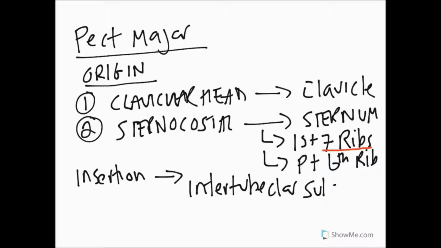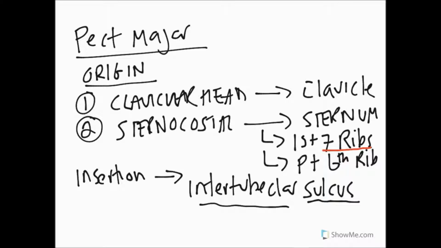Sulcus is really just a depression, and this is in between the tubercles, the greater and lesser tubercle, and I'll show you exactly where that is when we look at a diagram in a moment, but the name does give it away. Once you start to learn this anatomical terminology, hopefully you can fathom out exactly where we're talking on any given structure.